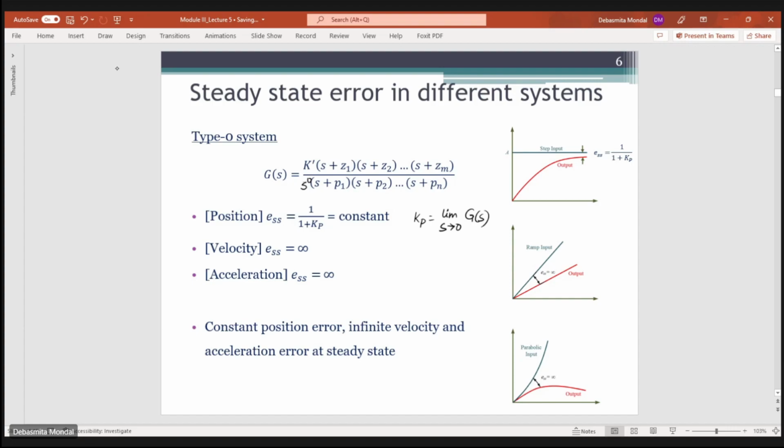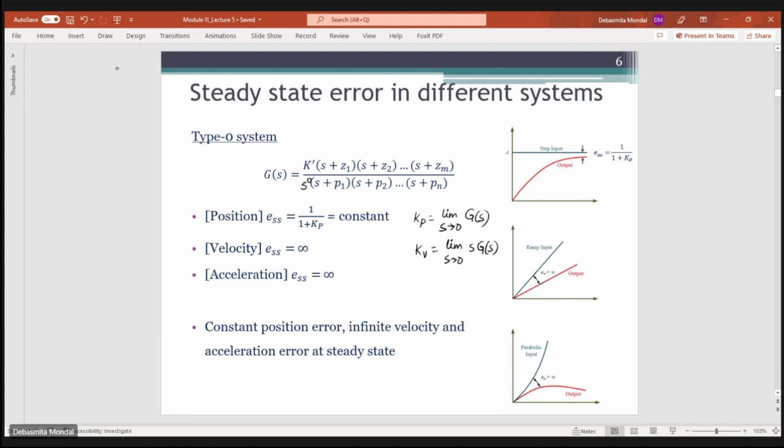Now if you want to find out the velocity error constant, Kv is given by limit s tends to 0 of s into G(s). If you make limit s tends to 0 of s into G(s), then the value of Kv is equal to 0 for this type 0 system.